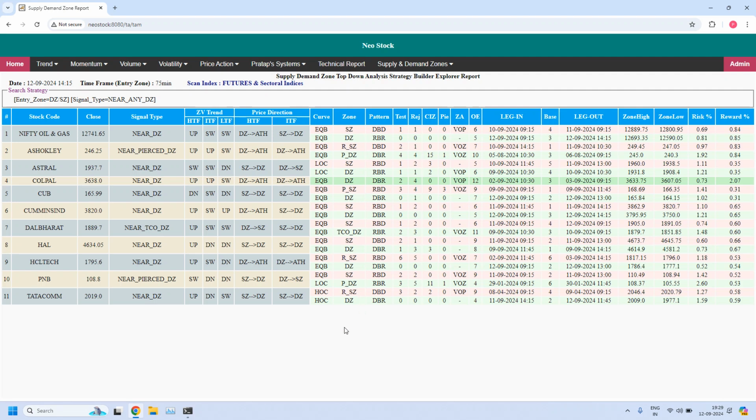We don't have any high liquidity demand zones from this list. From 75 minutes time frame, we don't have any high liquidity demand zones.